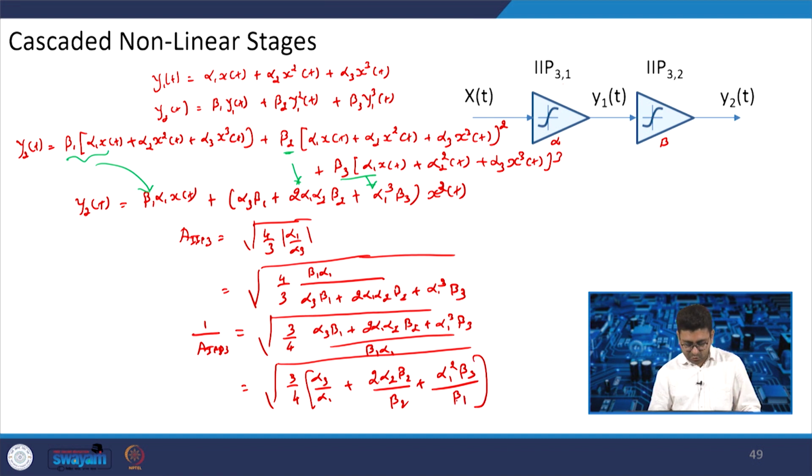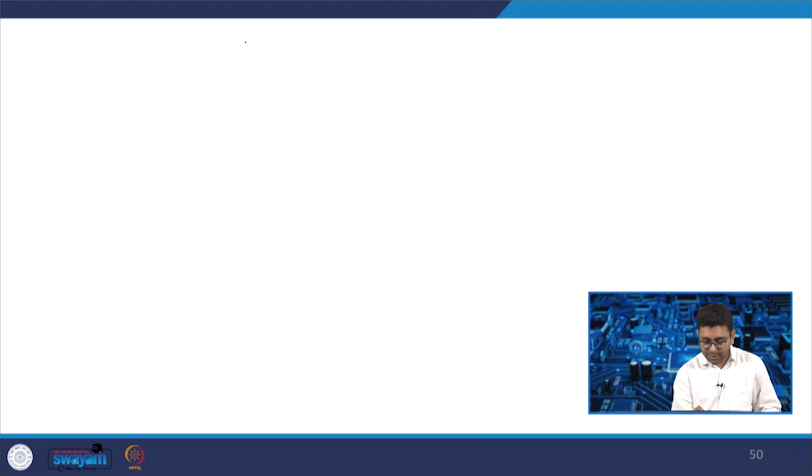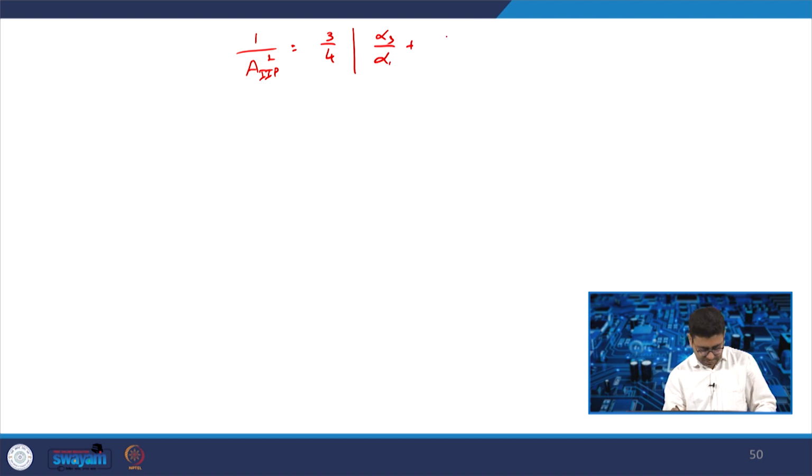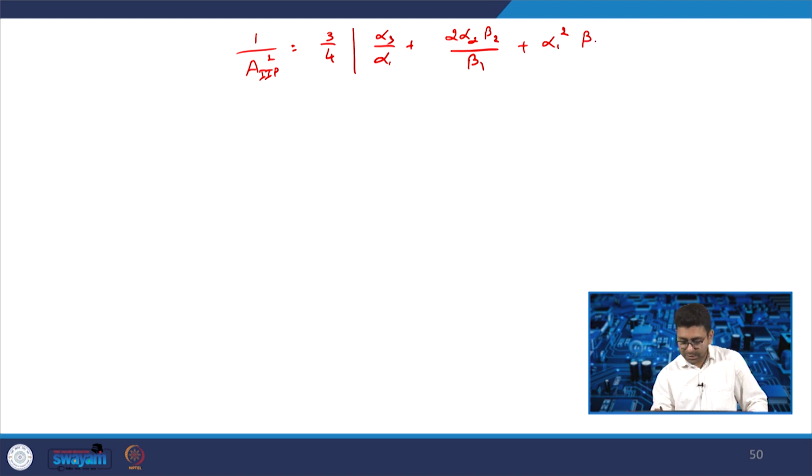Now, if we take the square of this term, then it can be written as AIIP3 square, which is given by 3 by 4 alpha 3 by alpha 1 plus 2 alpha 2 beta 2 by beta 1 plus alpha 1 square beta 3 by beta 1.